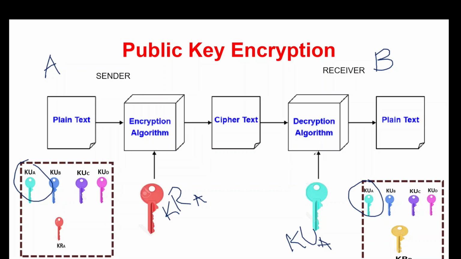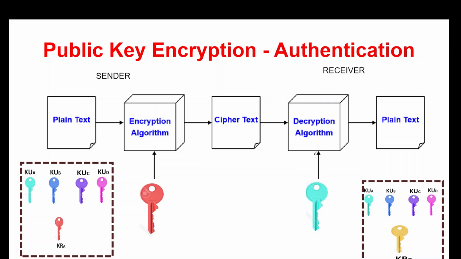This is how the public key crypto system works. Remember that the private key is known only to the user, whereas the public key is known to all others. And it is an asymmetric key system: the same key is not used for encryption and decryption. One key is used for encryption, the other for decryption, and it may be the private key or the public key.